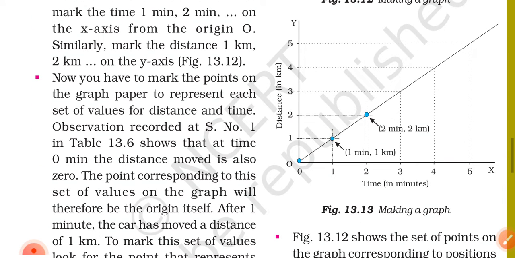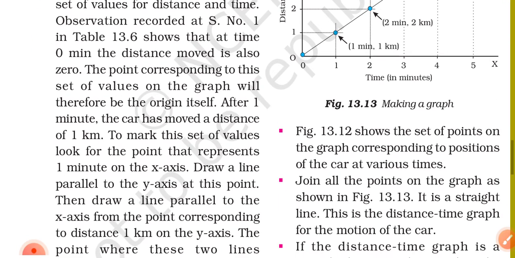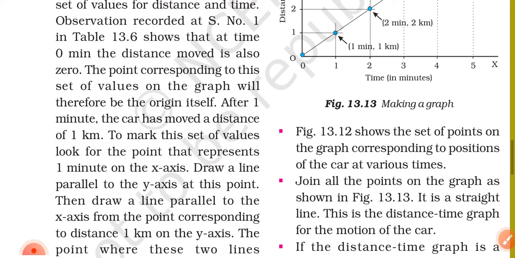Now you have to mark the points on the graph paper to represent each set of values for distance and time. Observation record at serial number 1 in Table 13.6 shows that at time 0 minute the distance moved is also 0. The point corresponding to this set of values on the graph will therefore be the origin itself.